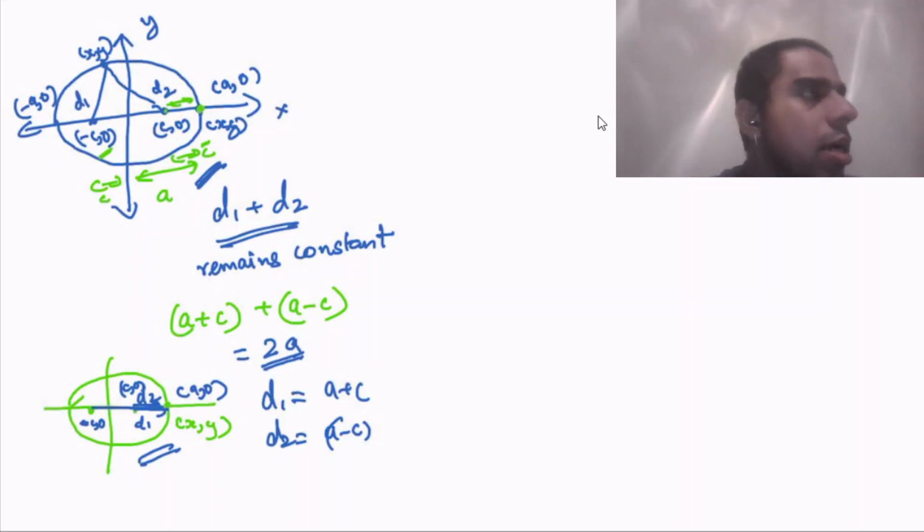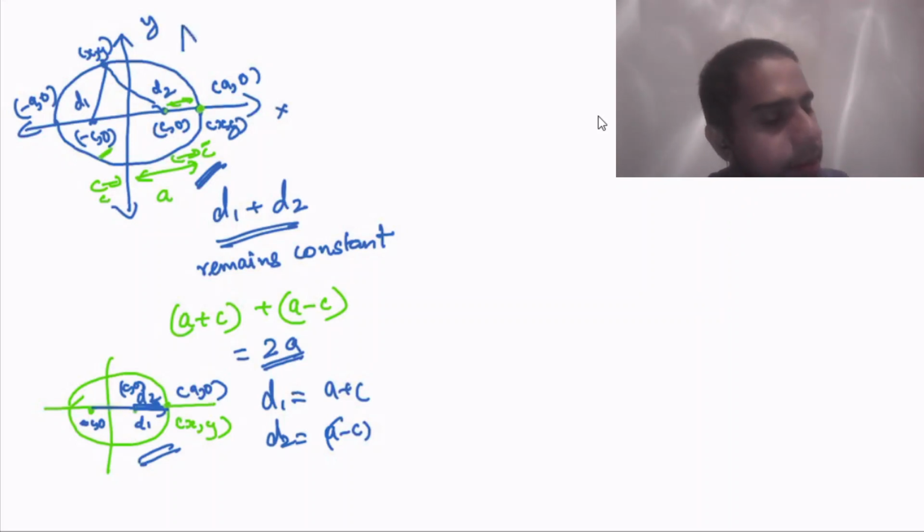Now let's consider a general case. In this diagram, x comma y is some arbitrary point on the ellipse.